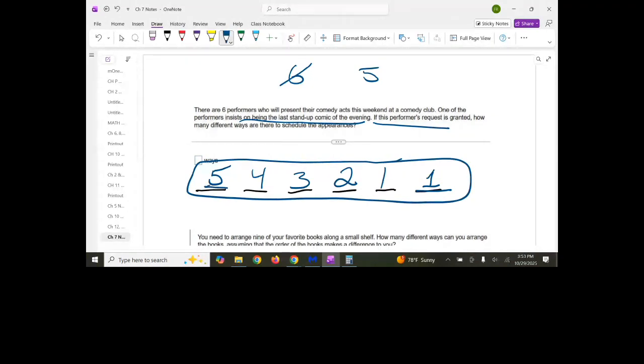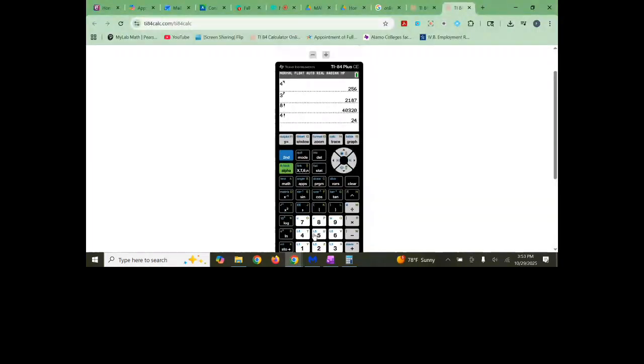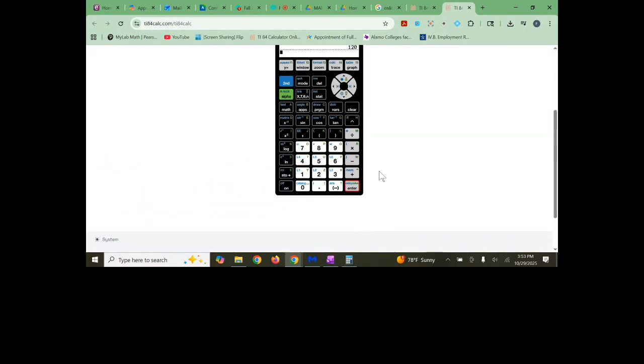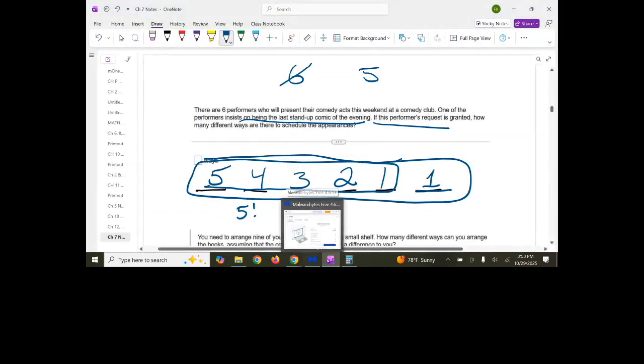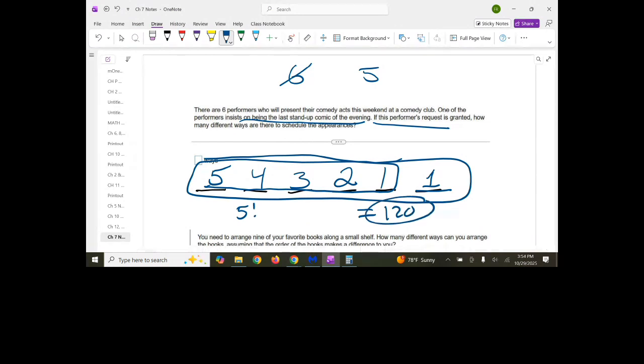Look, y'all, this part is the same thing as 5 factorial, right? So I'll grab my calculator again. I'll hit 5. I'll hit math. I'll go to my probability. My exclamation part is my number 4. And I'll hit enter, and I'm coming up with 120. Okay. Boom. There we go.